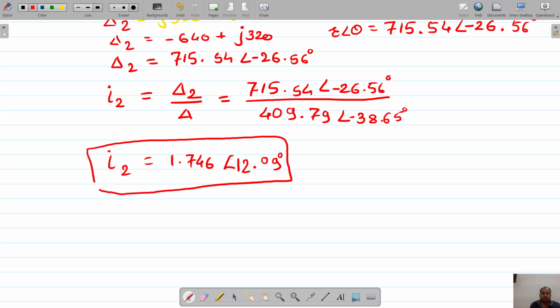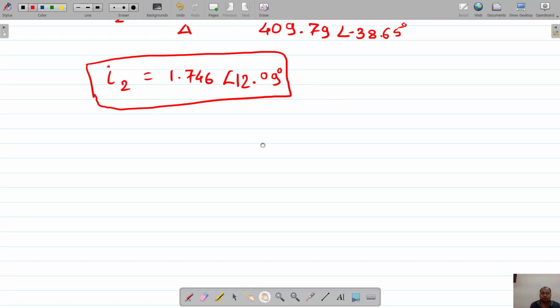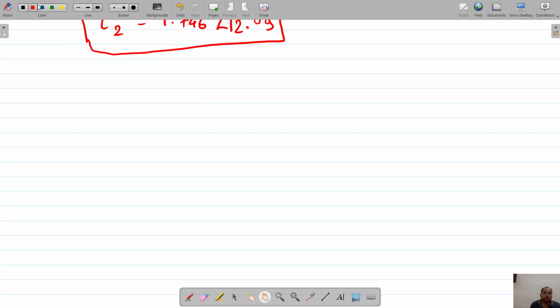Hope it is very easy, right? Now let us calculate delta 3. How to find out delta 3? By simply replacing the last column by, let us say, 20, 0, and 0. Is that fine? So 4 plus j4, this was minus j4, this was 4 plus j8, right?